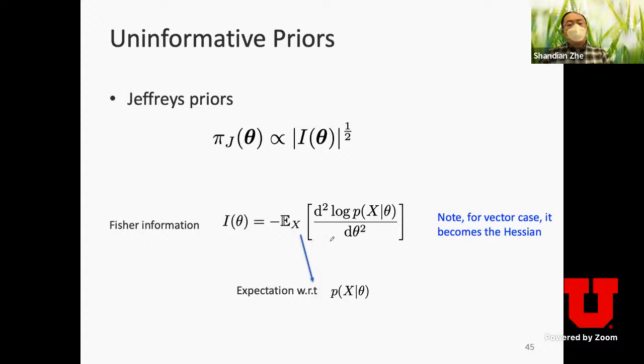While we'll only consider theta as a scalar, in general, if theta is a vector, this Fisher information becomes a matrix. Why? Because this second order derivative now is a Hessian, right? Theta is your random variable. For example, your likelihood is Gaussian, right?